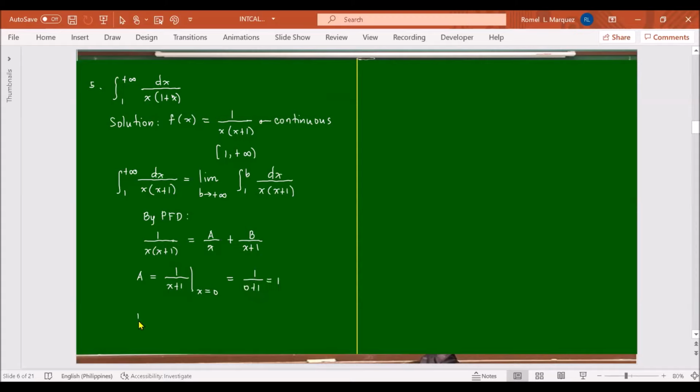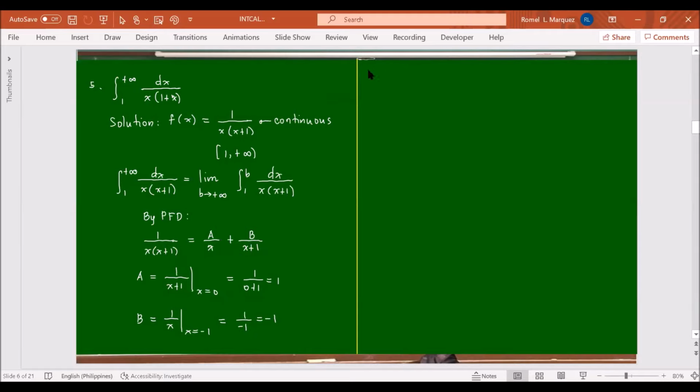What about b? b is found when x is -1, so we remove x plus 1 here. We have 1 over x evaluated at x equals -1, and this is 1 over -1, getting -1.